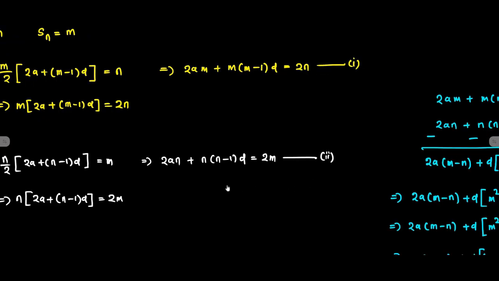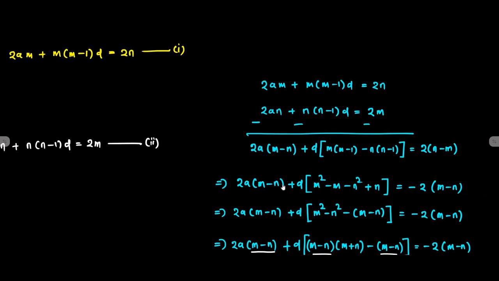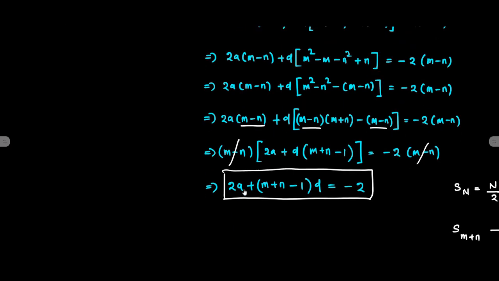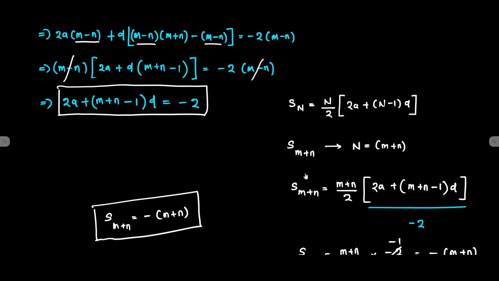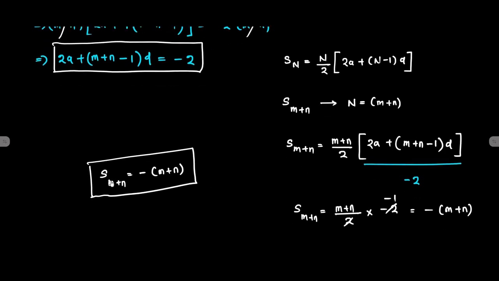Then we performed subtraction, took m minus n common, and established the relationship 2a plus (m plus n minus 1) d is equal to minus 2. Then we again used the formula to find the sum of the first m plus n terms. Using this relationship, we proved S of m plus n is equal to minus (m plus n).